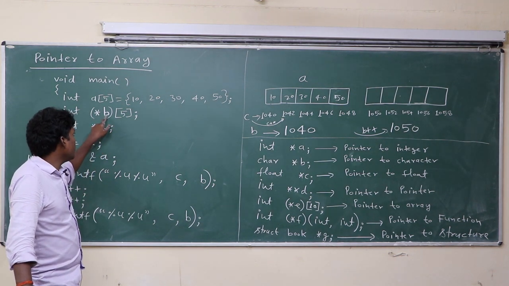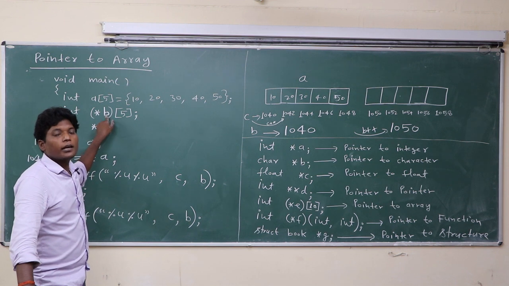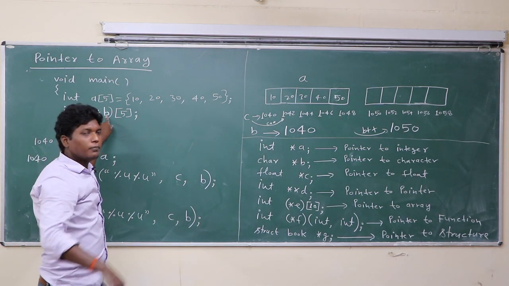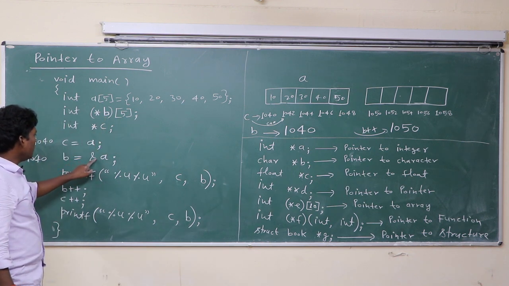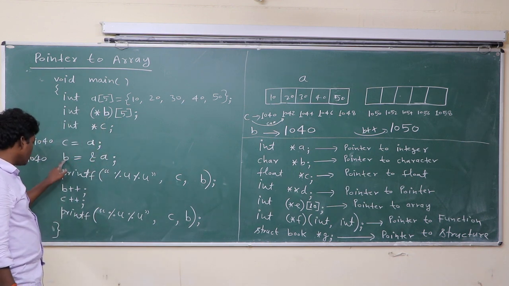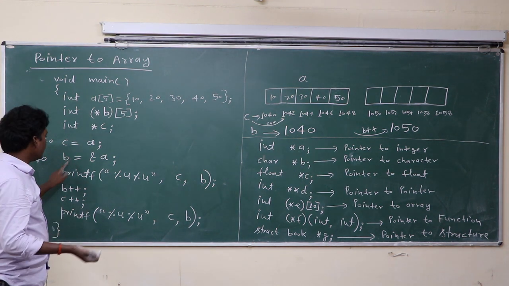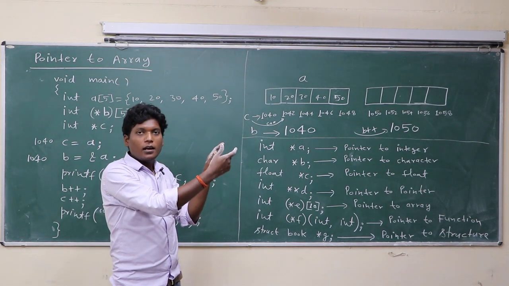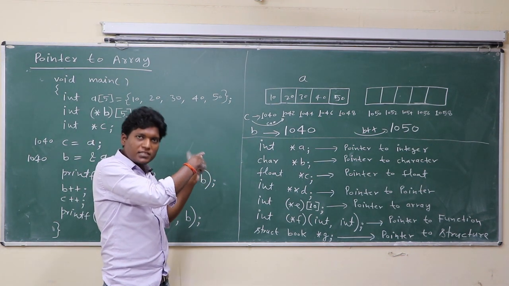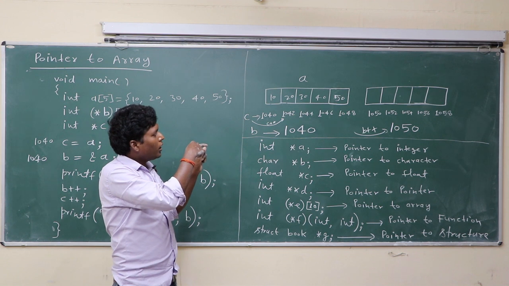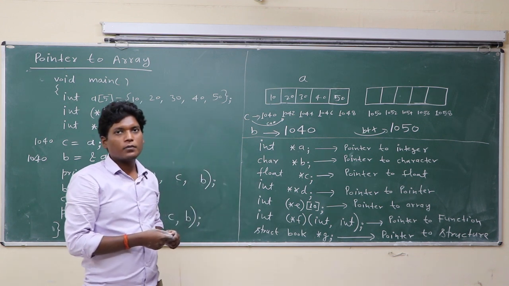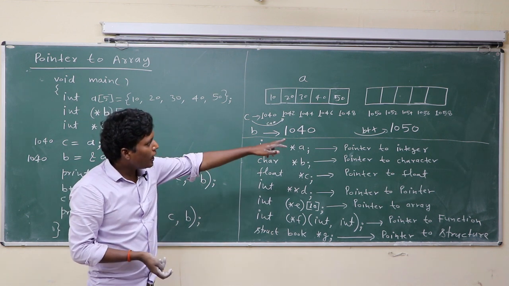But when you increment a pointer to an array, it points to the next array of the same type. So class, here B is given the overall address of A. When you increment B++, it has the address of the next array of the same type. Okay, so the overall address will be there.